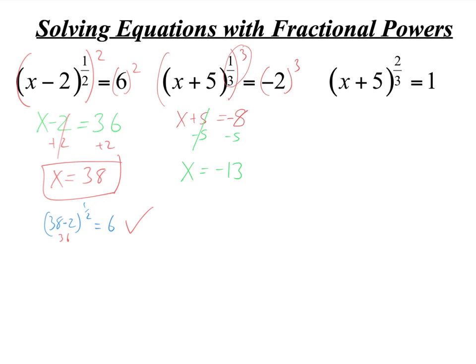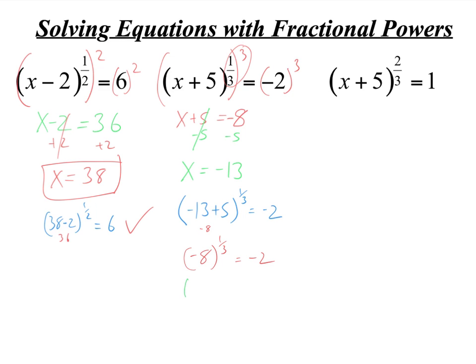But now we have to double check if that makes sense. So I have negative 13 plus 5 to the 1/3 equals negative 2. I just plugged it back into the original, put negative 13 there. What's negative 13 plus 5? Isn't that negative 8? So does negative 8 to the 1/3 give you negative 2?